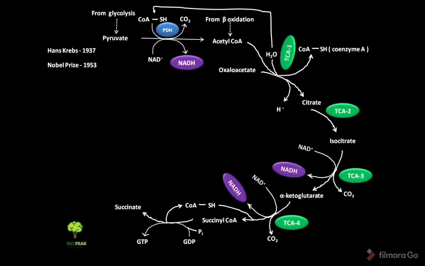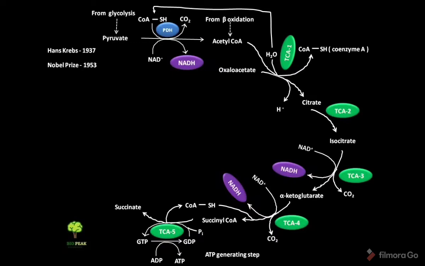This GTP can then be converted to GDP with the release of Pi. This released Pi can combine with ADP to form ATP. So this step is called the ATP generating step. This step is named TCA5 and is catalyzed by succinyl coenzyme A synthetase.